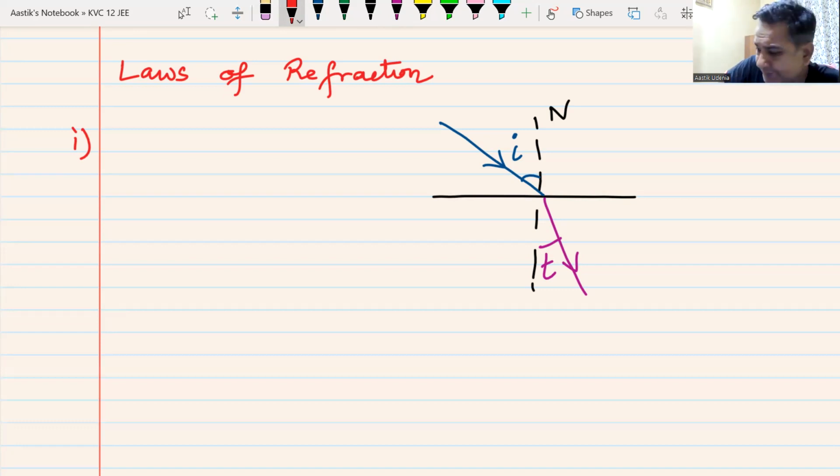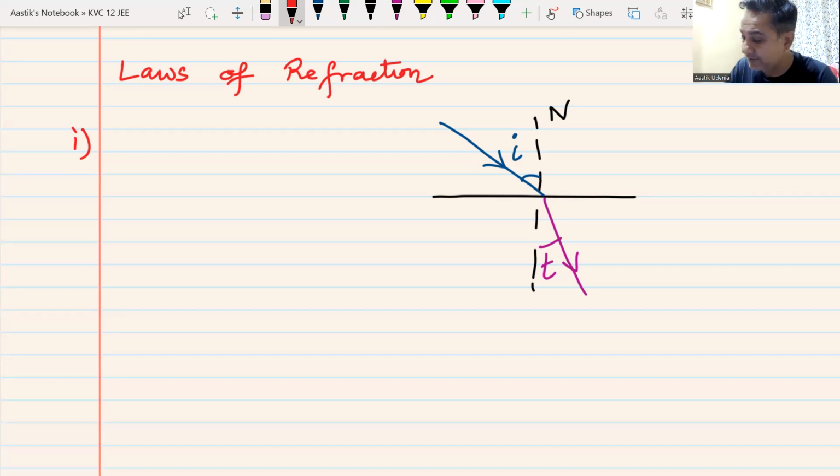Don't be shy. Don't be scared. Sin i by sin r is equal to constant. That is not the first law. Incident ray, refracted ray and normal lie on the same plane. That's correct. That is the first law of refraction.